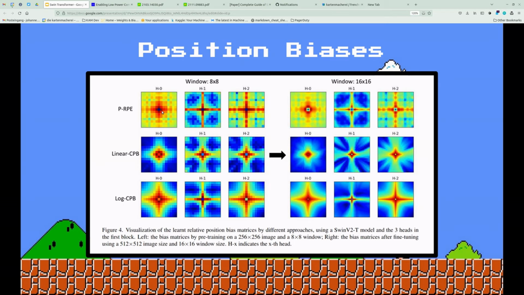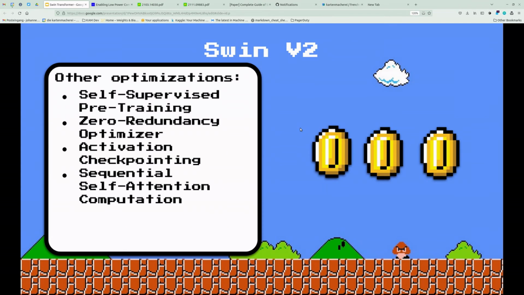We can see that version 1 is a bit diffusing and just not as on point as those new approaches they came up with. When it's on higher resolutions, it even looks nicer. I believe those can be some really trippy images when you animate them. It shows that these continuous positional biases work way better and way more on point than the relative positional embeddings they used before. And that also shows in the experiments.